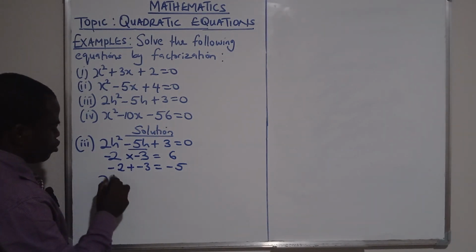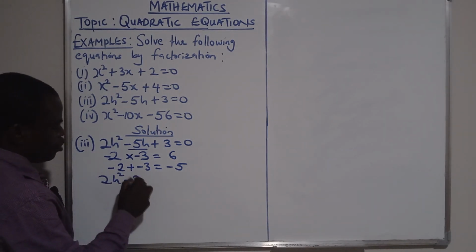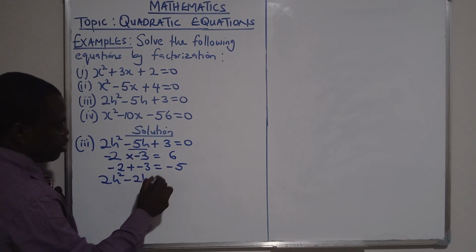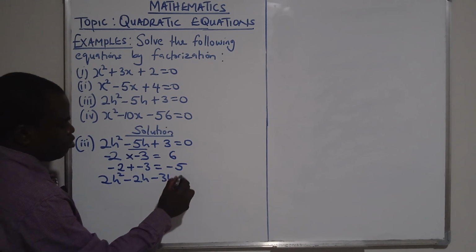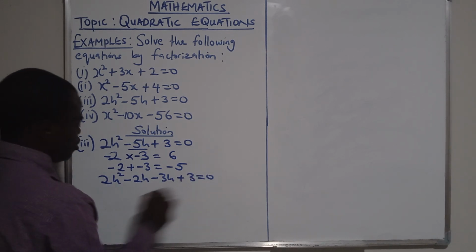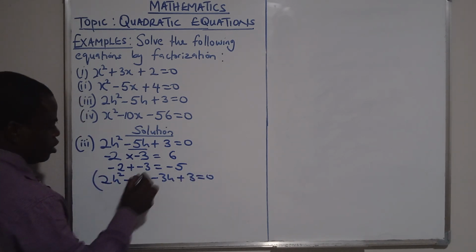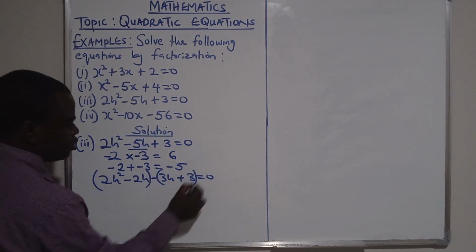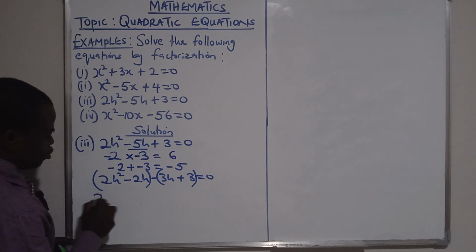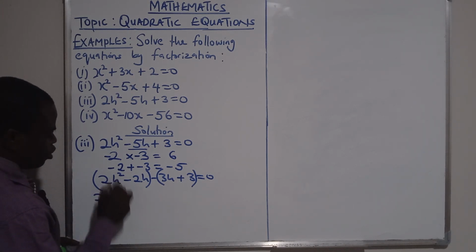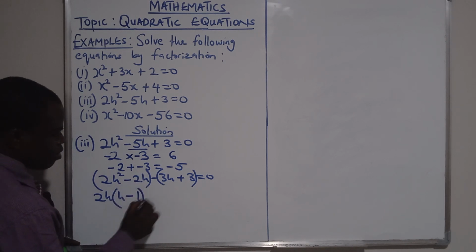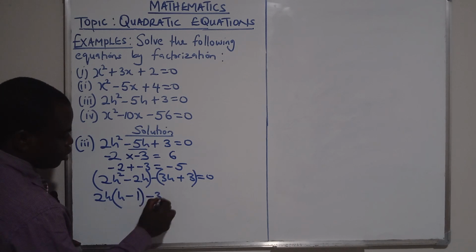Now we have 2h squared minus 2h minus 3h plus 3 equals 0. Let's factorize. What's common? We have 2h. We are left with h. Minus 2h goes in 2h one time. What's common? Minus 3h.